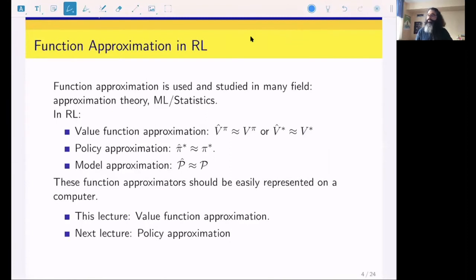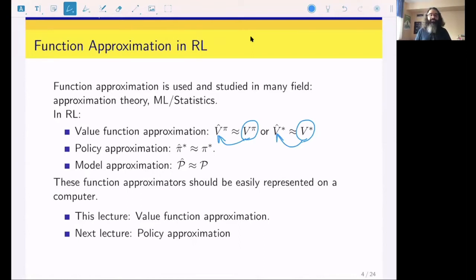Function approximation is used in, or studied in, many different fields: machine learning, statistics, and also approximation theory in math, each with different emphasis. We do it also in reinforcement learning, in different ways. In some cases, we want to approximate the value function. We have v pi or v star as the goals, but we can't represent them exactly, so we use a function approximator, v hat pi or v star hat, as an approximation.